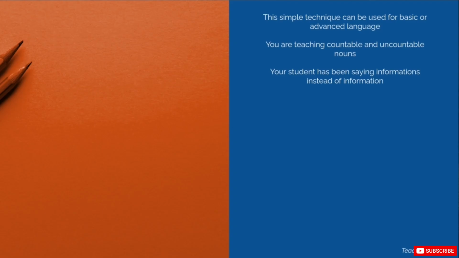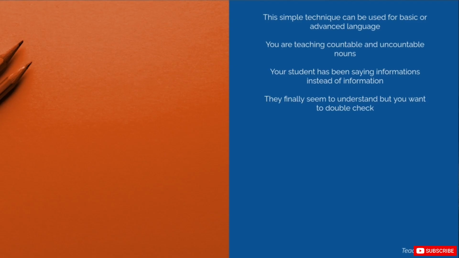It's never plural. We never have a lot of informations. It's a little information, a lot of information. And you think they understand. You think, okay, I think they've got this, but we just want to make sure before we move on, because if they don't understand, it may affect an activity later in the lesson.